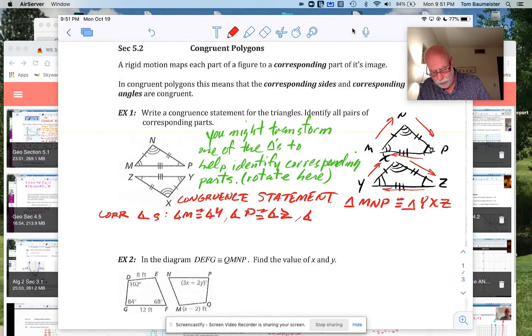Angle N is congruent to angle X. Okay, so those do have to be sort of following.